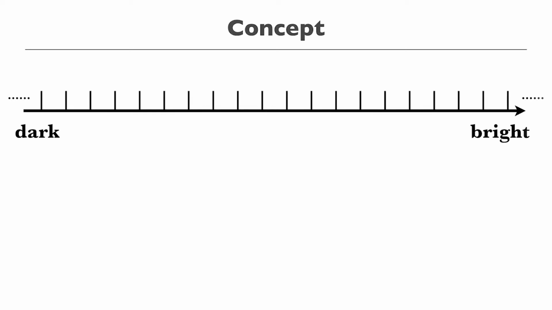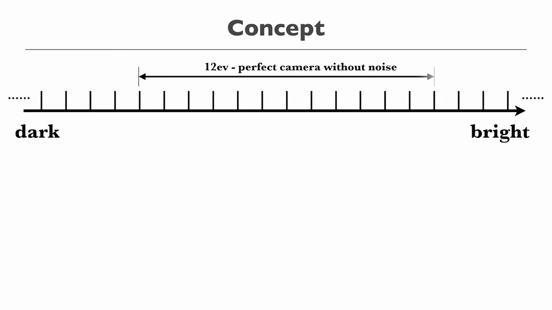Next, I will give you some graphical illustration of this concept. The first one is that normally for the QooCam or some other cameras, let's make an assumption that this camera can take 12 EV dynamic range, which is a perfect camera without any noise.